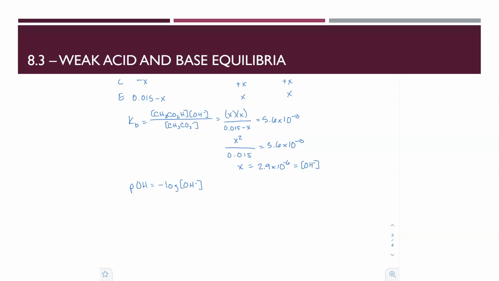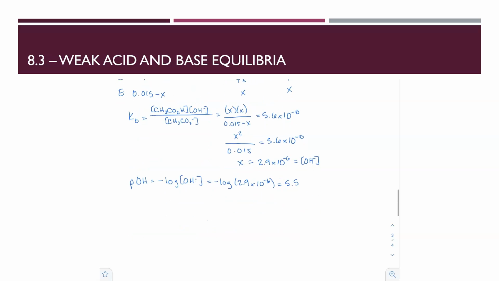So we can't use the acid because it's a weak acid, so the concentration of the weak acid does not equal the concentration of the hydrogen ion. So we have to go with the hydroxide. So we're going to go ahead and find the pOH, so that's negative log of 2.9 times 10 to the negative 6, which gets me a pOH value of 5.5.